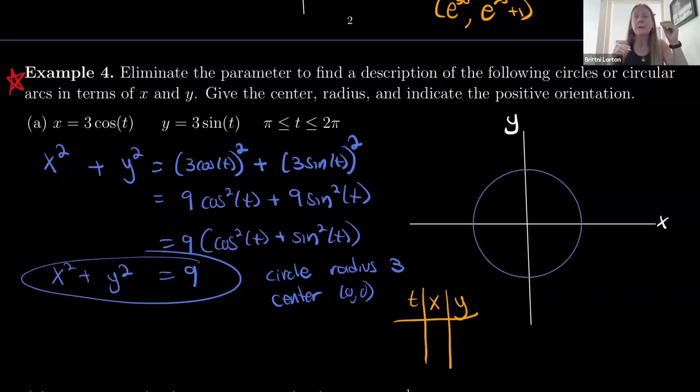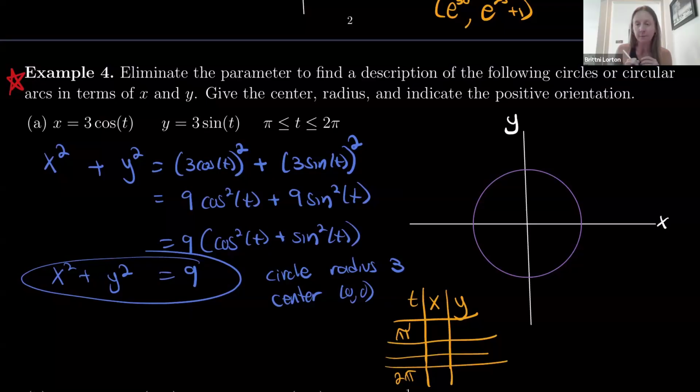So start with the lowest time value and then pick a few time values a little bit higher. In this case, I'm starting at pi, and I need to end at 2 pi, and I should pick a few values in between.